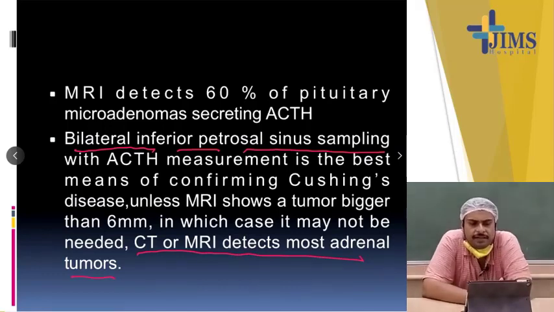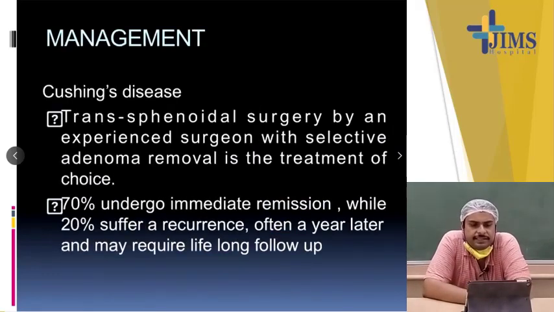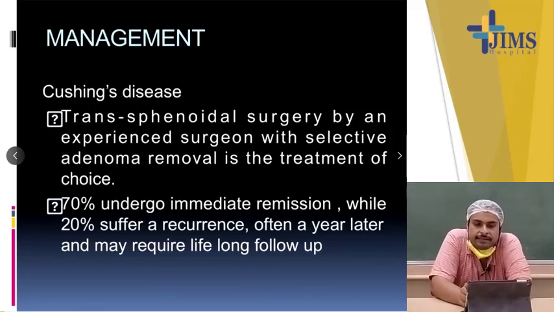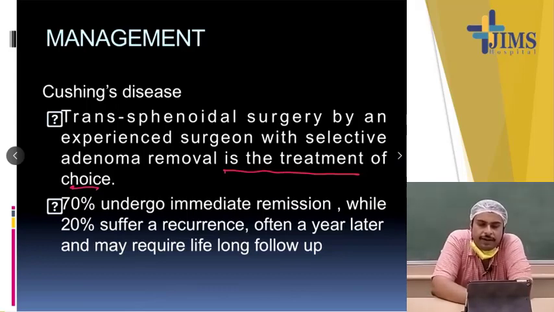Now the management. Management of Cushing's disease. Transsphenoidal surgery by an experienced surgeon with selective adenoma removal is the treatment of choice. This is important. It should be done by an experienced surgeon and in centers where it is frequently done. 70% undergo immediate remission, while 20% suffer a recurrence a year later.